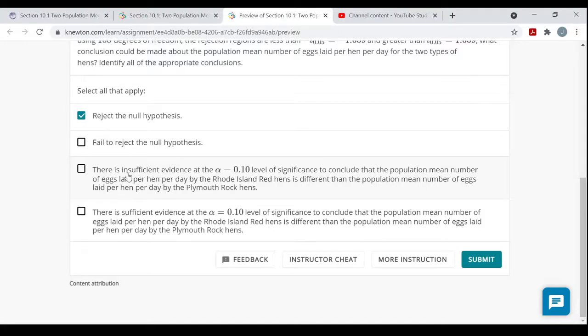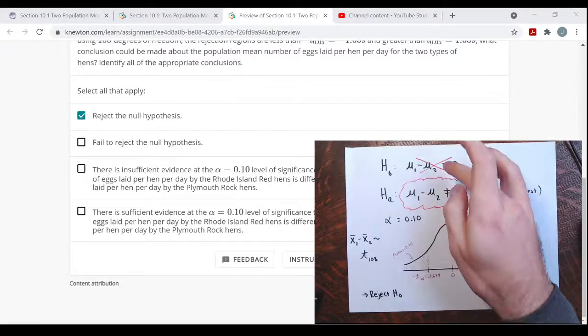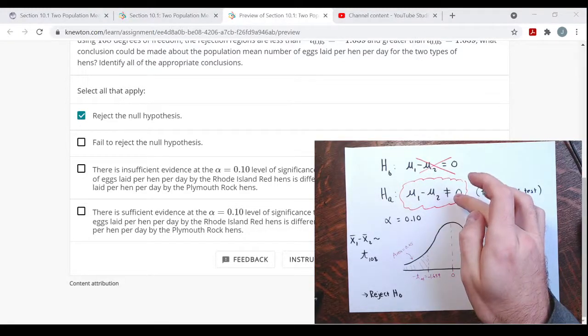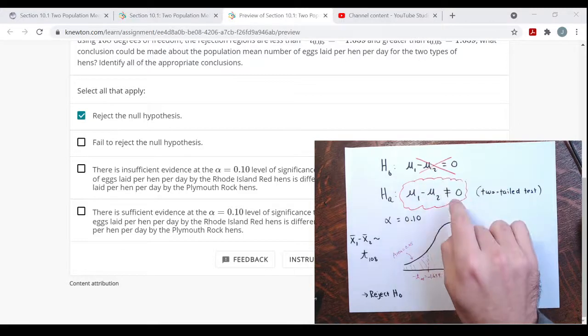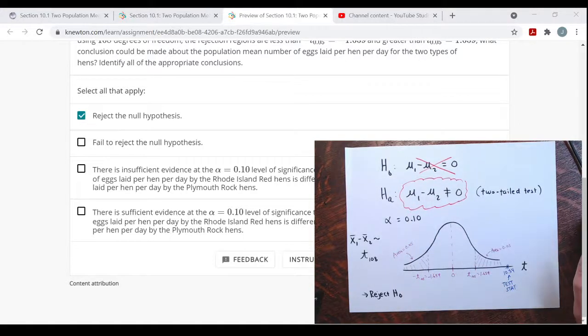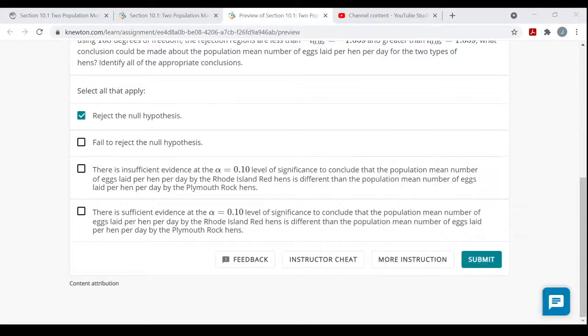They're saying here that there's not enough evidence to support the statement that the means are different. But on my paper, I just said we are going to support that the means are different. We're rejecting the null, so we are going to say that we have enough evidence to support the statement that the means are different. So that's this statement here then.